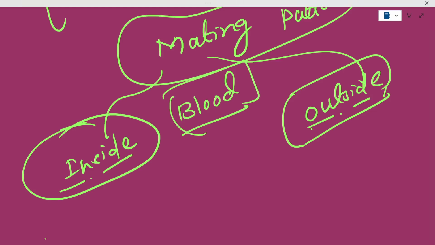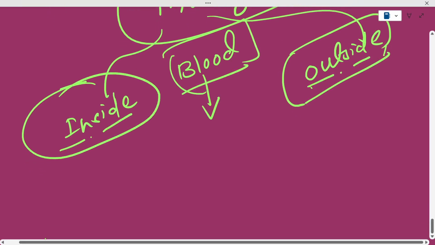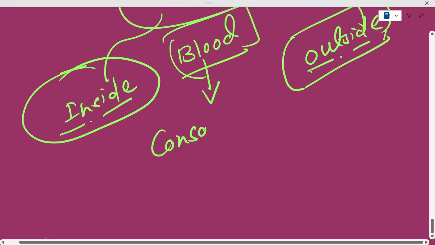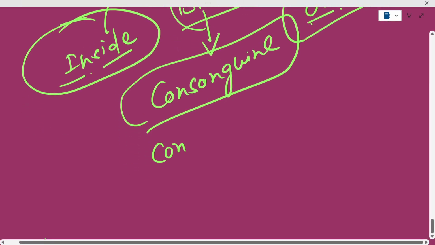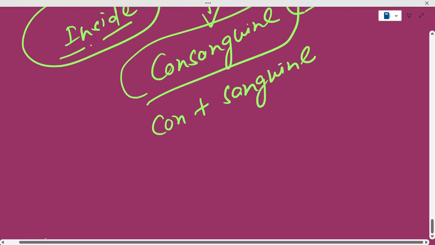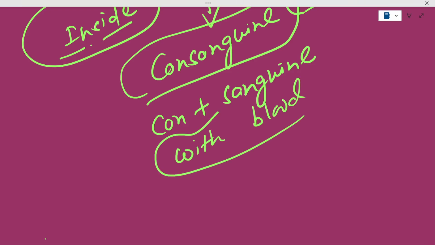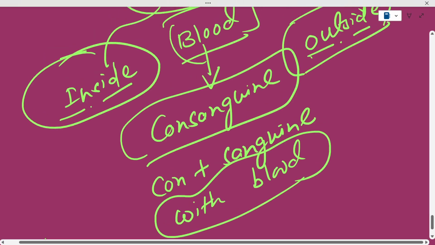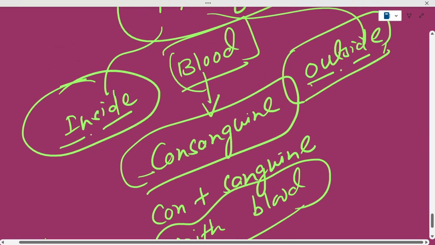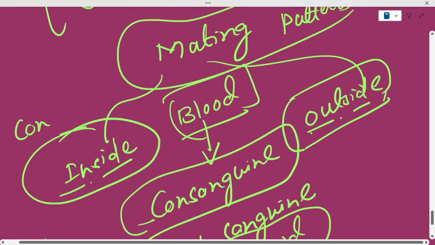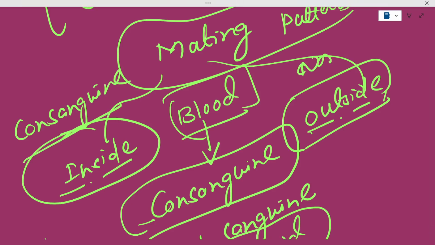Every person that is related to you will be your consanguine. Consanguine is a Latin word which can be separated into two root words, con and sanguine, which means with blood. So all your blood relatives are consanguine. Here inside versus outside is consanguine and non-consanguine, with consanguineous as the adjective.